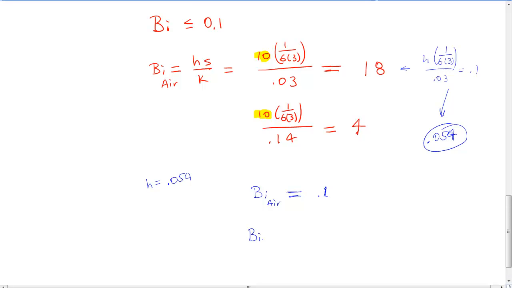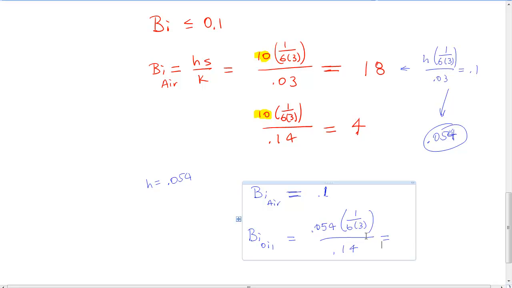The Biot number for oil would be 0.054 times 1/6 times 3, divided by 0.41, which would give me a Biot number of 0.0214.